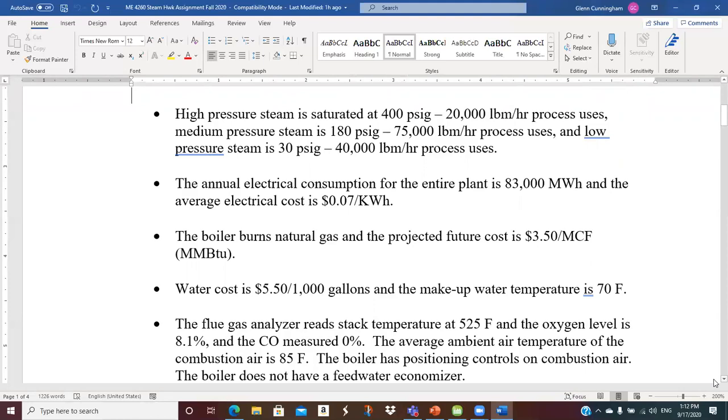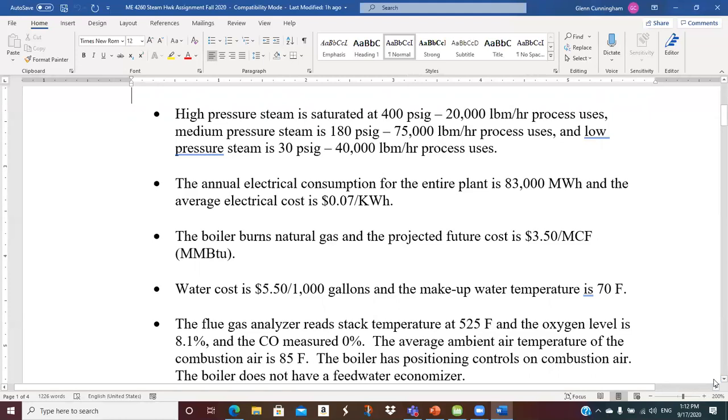Annual electrical consumption for the entire plant for the whole year is 83,000 megawatt hours, and the average cost of electricity is 7 cents a kilowatt hour. This measure doesn't do demand and stuff separately. That's just 7 cents a kilowatt hour smeared out.